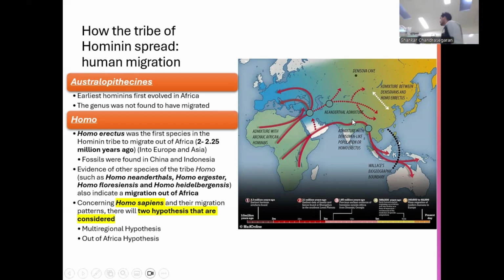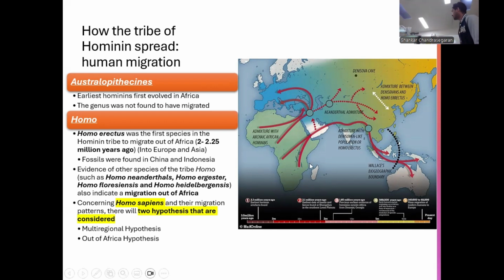So that is evidence showing that this was the first species of our hominin tribe to have left the African continent, about 2 to 2.25 million years ago. And we have a theory that they spread around Europe and Asia, as evidenced by the fossils that we found in China and Indonesia.